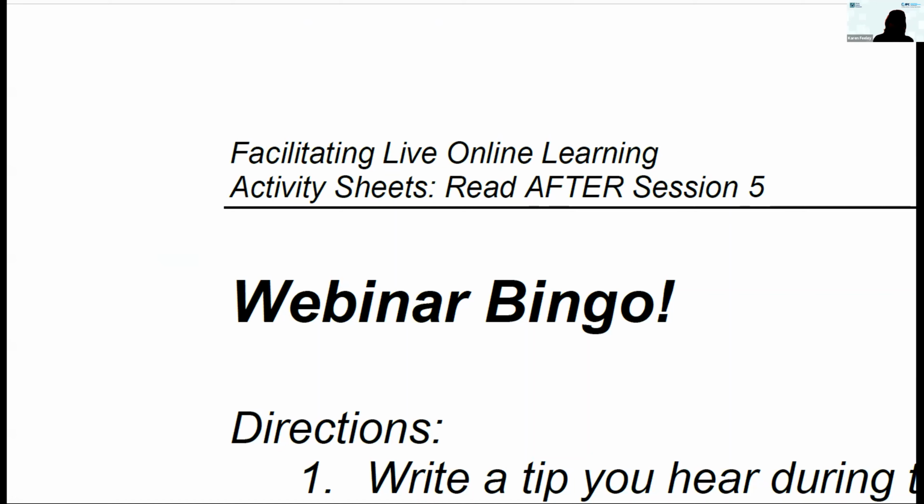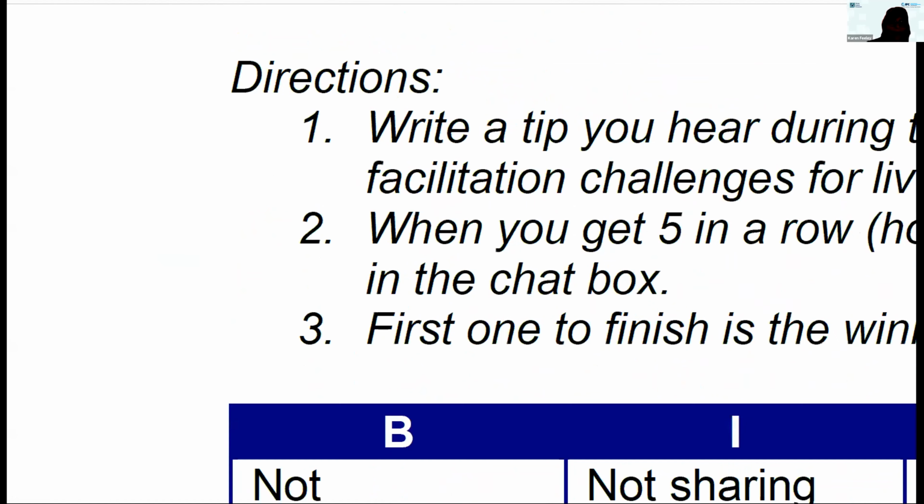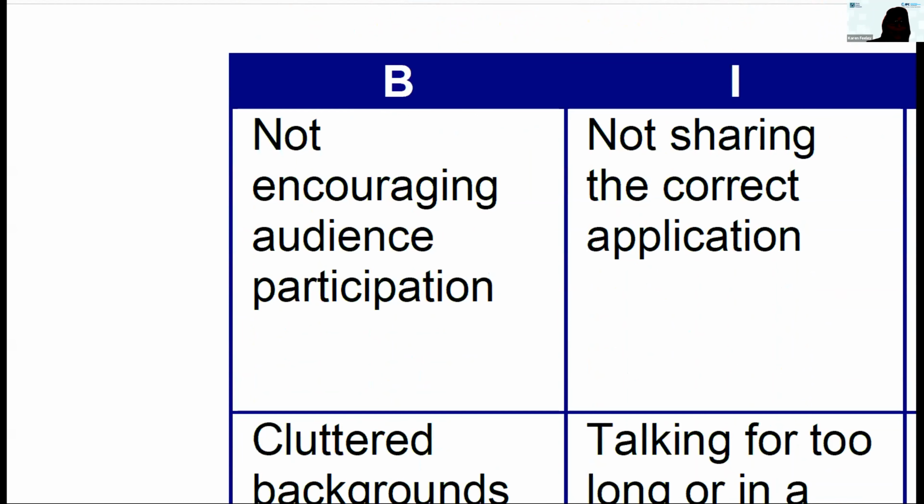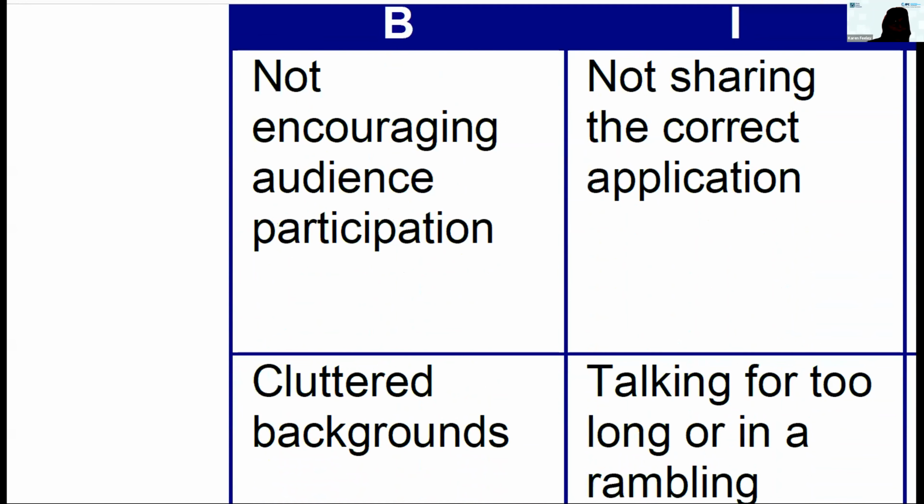What you see on this webinar bingo screen is that every box is a different mistake that people tend to make when leading presentations or training on webinars. Some of these are what you have said already. Some of them are new. The way this is going to work, we're going to have a competition here.